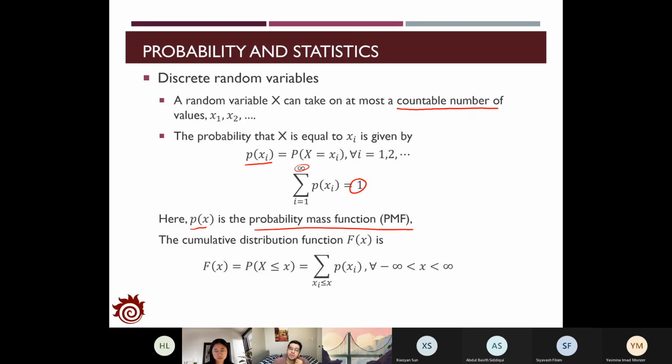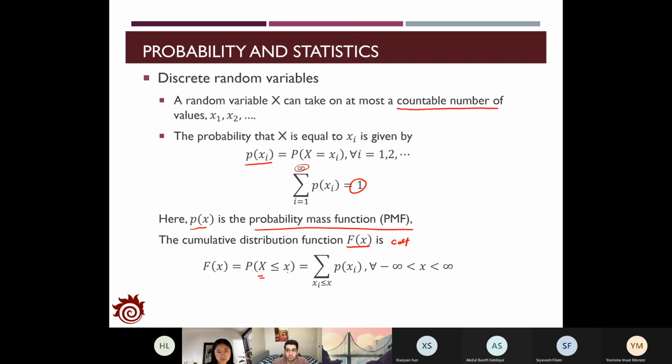We also have the cumulative distribution function, the CDF, which is represented as capital F(x). It describes the probability that the random variable is less than a certain value.